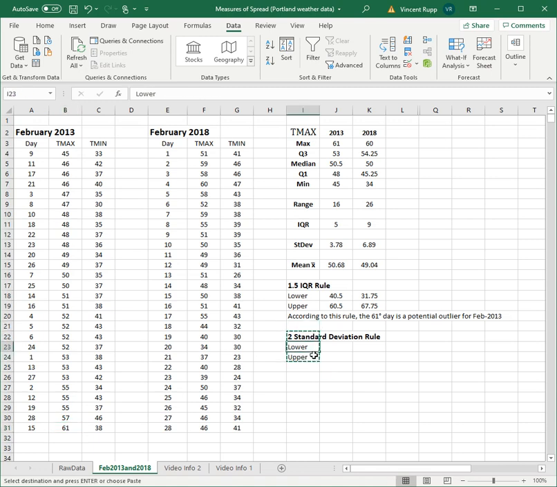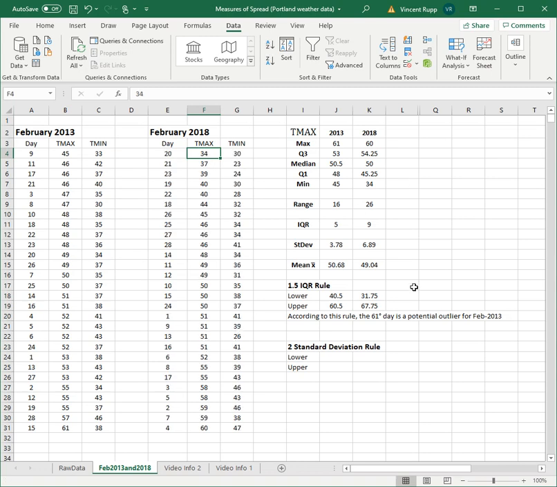Let me just move this down a touch. Before we type anything, let's look. So for 2018, anything over 67.75 is a potential outlier. Let's sort those as well. But clearly there are no days over 67.75 because the max was 60. Were there any days lower than 31.75?